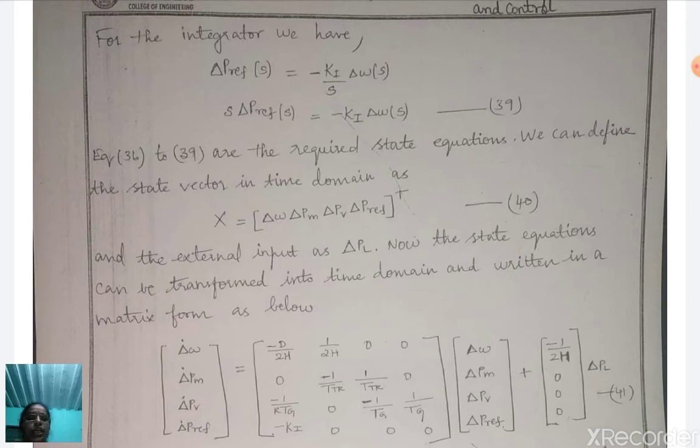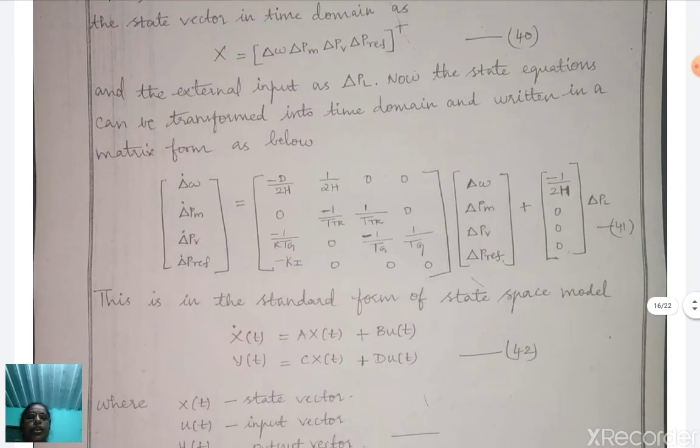Now the state equations can be written in the time domain in matrix form, that is del omega dot, del Pm dot, del PV dot, del P reference dot, equal to a 4 by 4 matrix form, and so on.